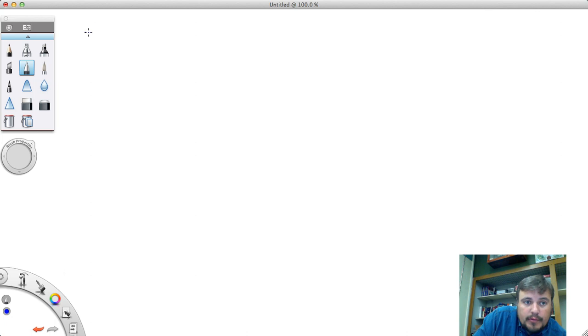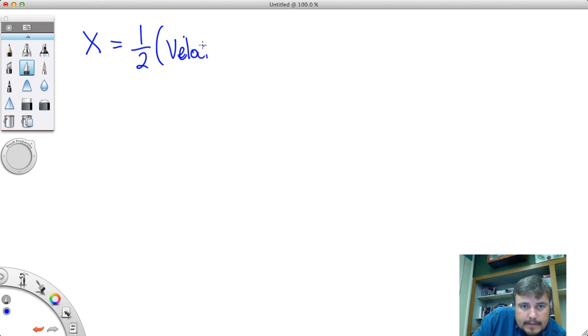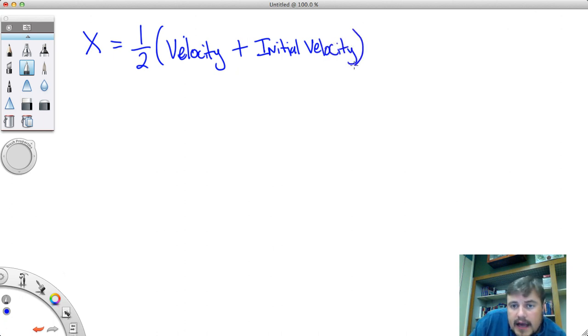You can do this with a formula, and x equals 1/2 times velocity, our current velocity plus our initial velocity, times time.